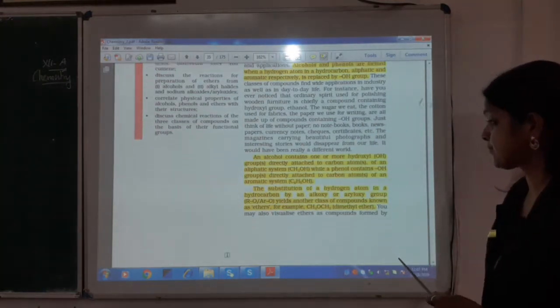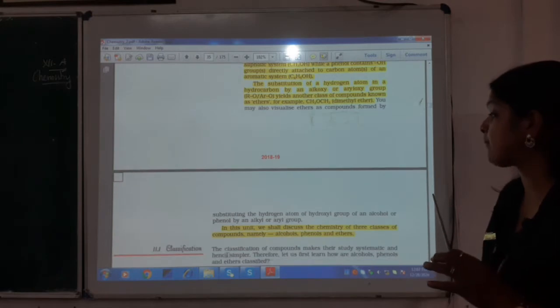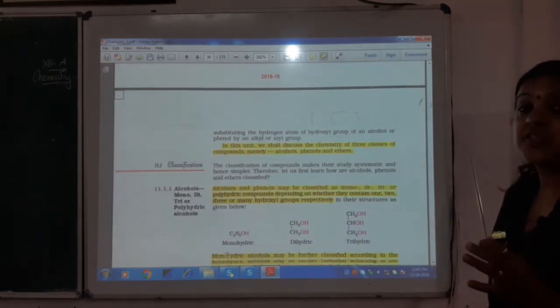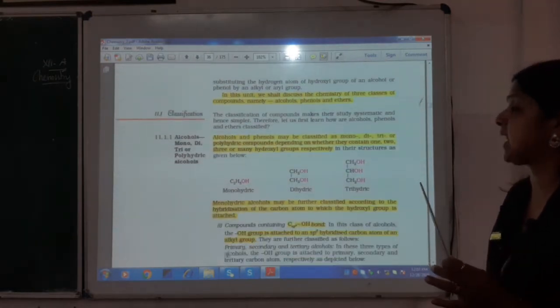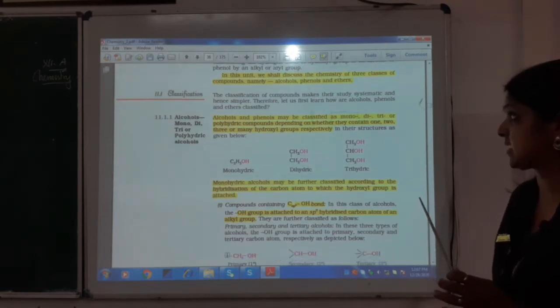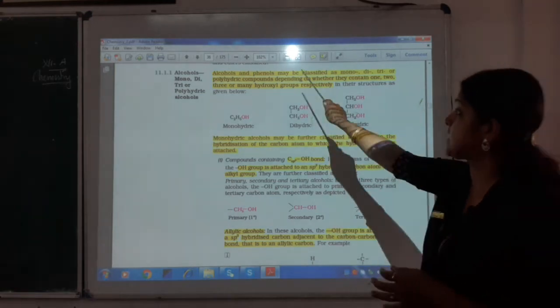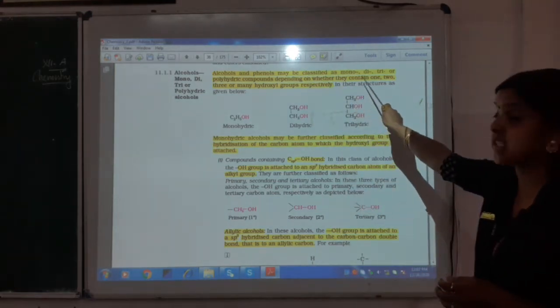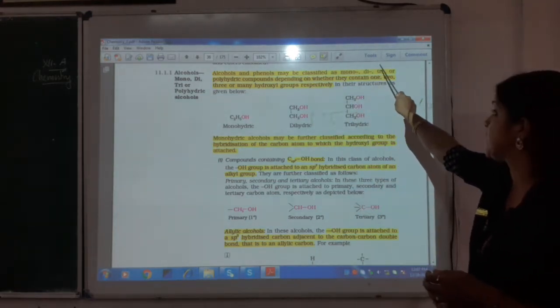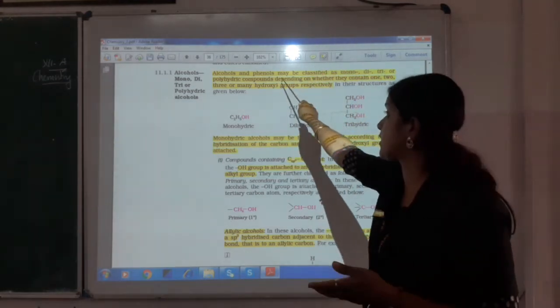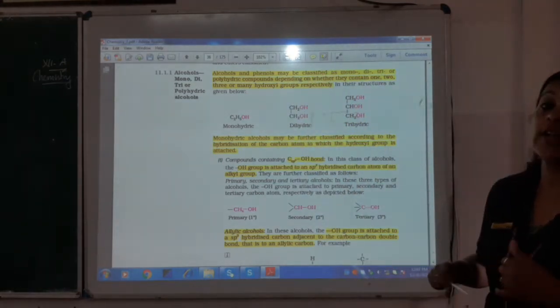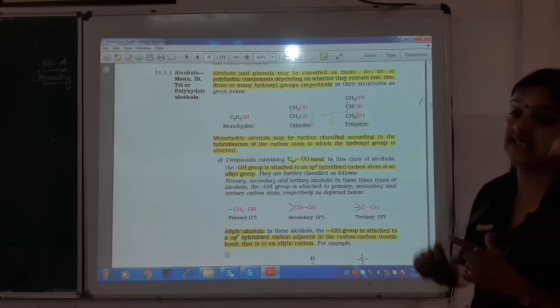So now we will learn something important about the chemistry of these 3 classes of compounds, alcohols, phenols and ethers. First, let us learn the classification. Alcohols and phenols may be classified as mono, di, tri or polyhydroxy compounds depending on how many OH groups are present.